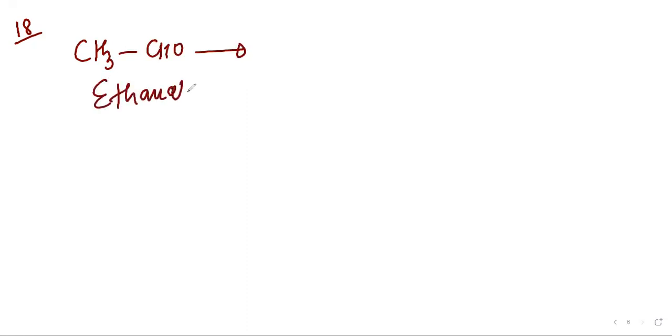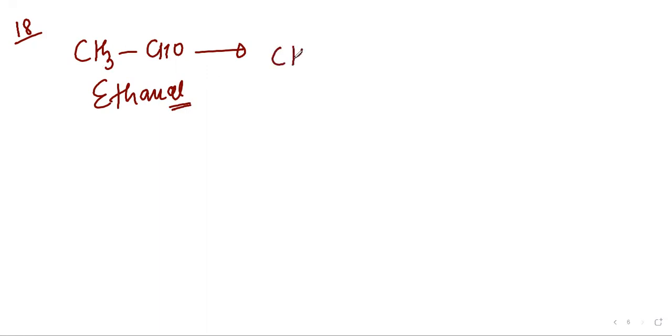Now look at question number 18. It says CH3CHO. So CH3CHO is nothing but an aldehyde. So this is your ethanal. Two carbons are there and we use al for aldehyde as a suffix.